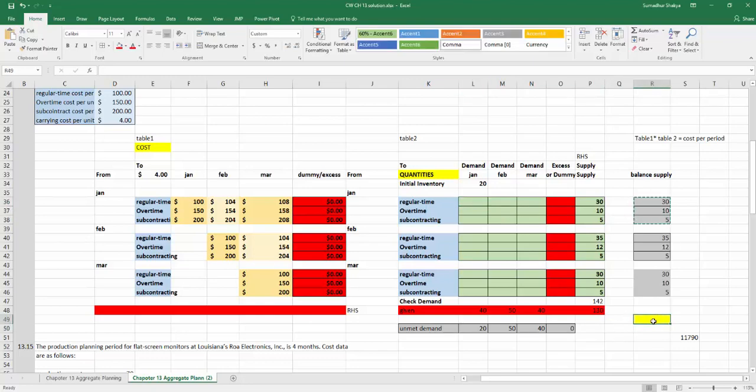Also, at this point in time, we can also say the total cost of production for this planning period would be simply the sum product that we've been doing since chapter 12, because we know the cost, including the dummy variable. So make sure you choose the correct set of cells.